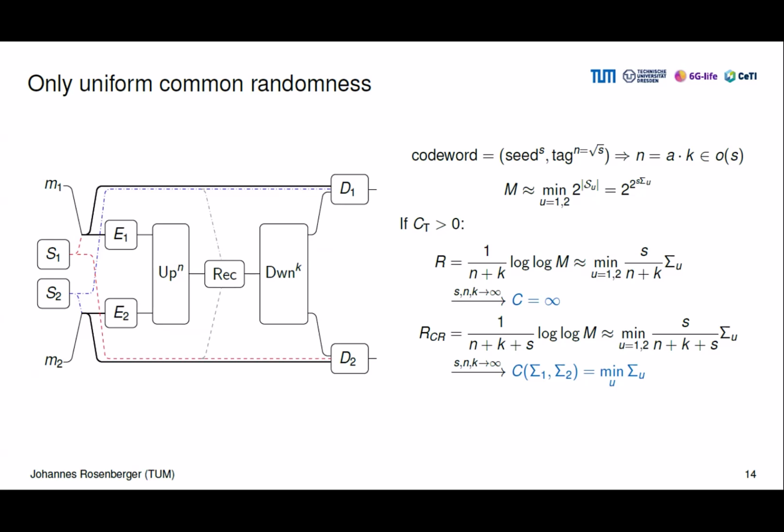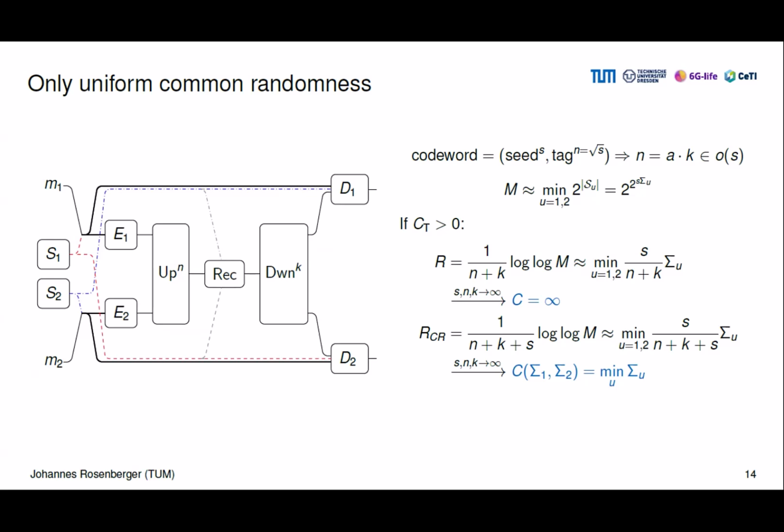Therefore, we can say that n is approximately of the order of square root s, and k is approximately the same order if we use a decode and forward construction. So if we use the construction from before, then k would be 1 approximately, or negligible because we didn't need it.